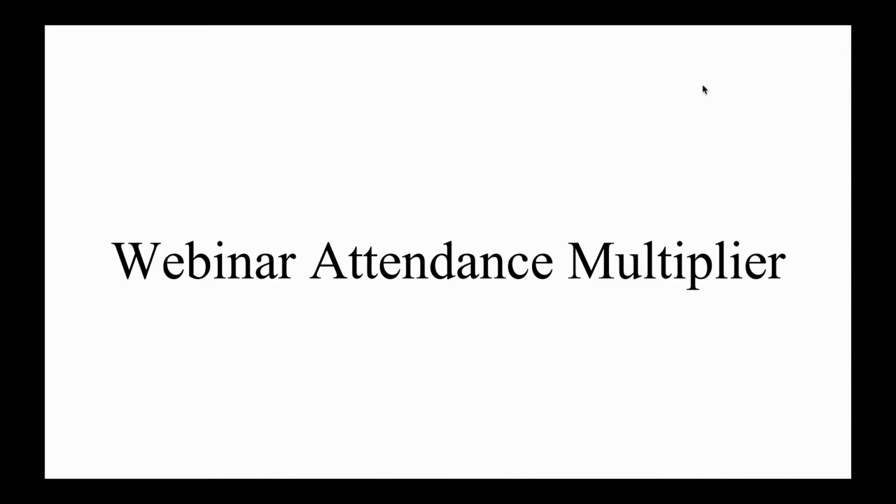Now, your system could be just sitting there waiting, hoping and praying that all of these registrants actually attend the webinar. Or you can actually be more proactive in getting them to attend your webinar. And you would do that by having a webinar attendance multiplier in place.